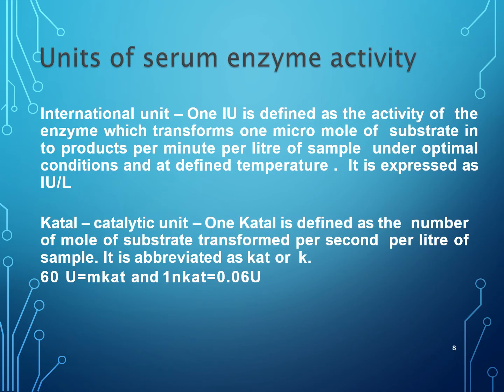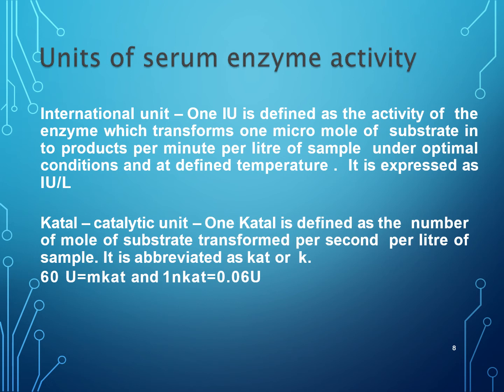Enzymes can be used in the diagnosis of various diseases, so how can enzymes be measured? That is the unit of enzyme. The unit of enzyme activity is mostly measured by the internationally accepted unit, the IU. Another notation is the catal, the catalytic unit.